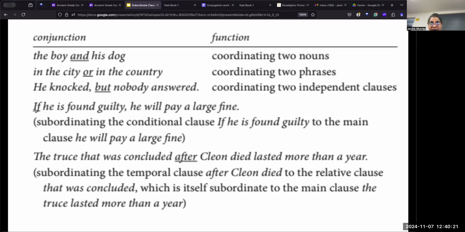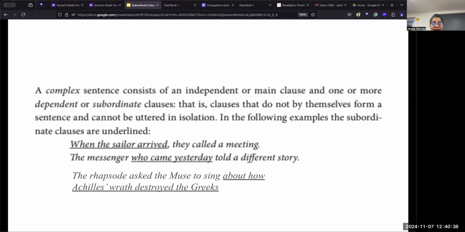Now, there's also a more complex relationship between clauses or sentences that you want to join, and that's using some kind of subordinating conjunction. And this we call a complex sentence. So a complex sentence has two clauses and they're related to each other, and one is more important than the other, hence the idea of subordinating, right?